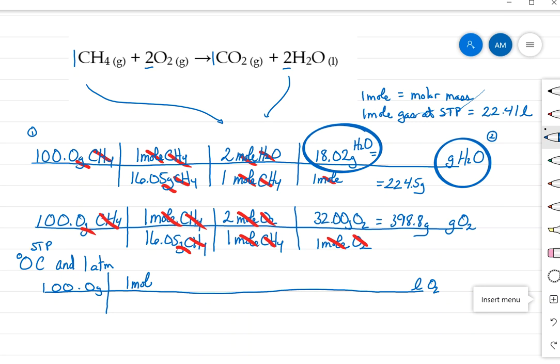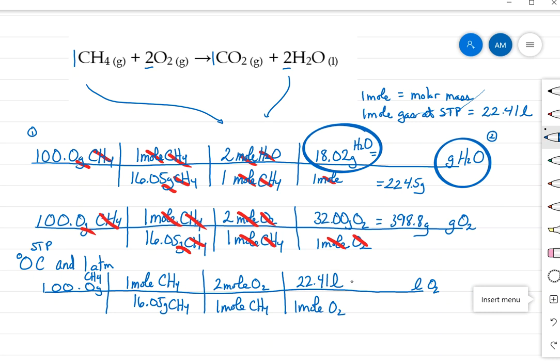So we're going to set up this problem exactly the same way. And then we want to go 2 moles of O2 again, 1 mole of CH4, and this last step is going to be a little different. 1 mole of O2 at STP is 22.41 liters.